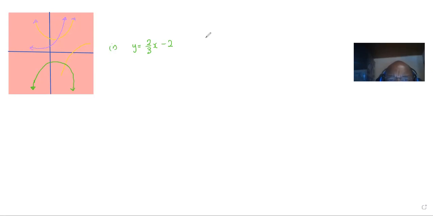The second one will be the parabola y is x squared plus 1. And the third one will be a hyperbola in the form of f of x equal to 2 over x minus 1.